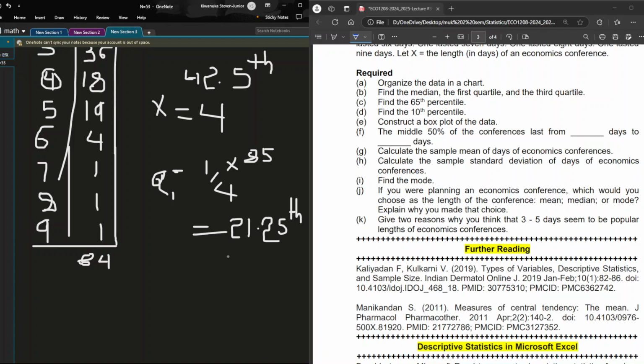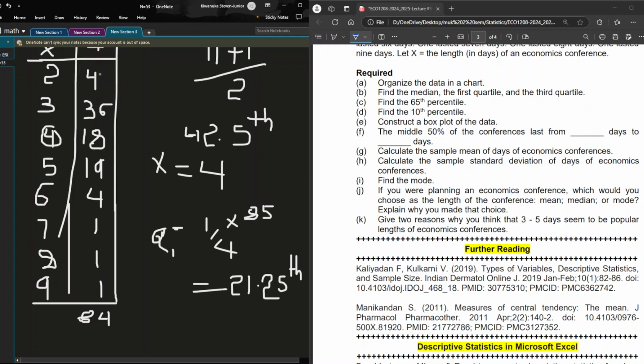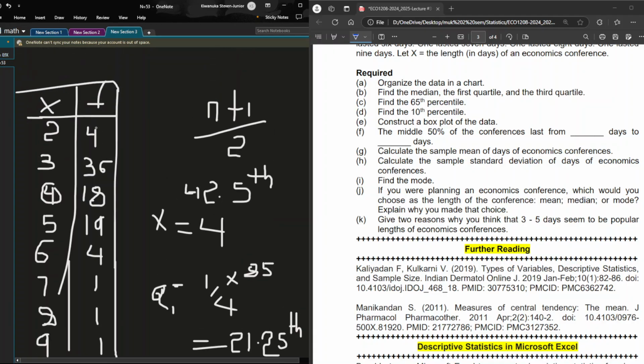So this position is what we find out. The first is 4, then 4 plus this is 40. That means our Q1 is 3.